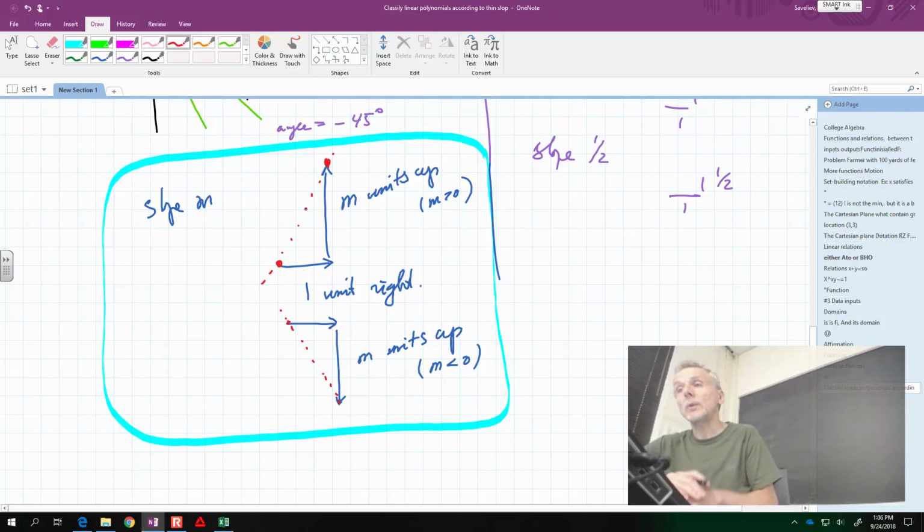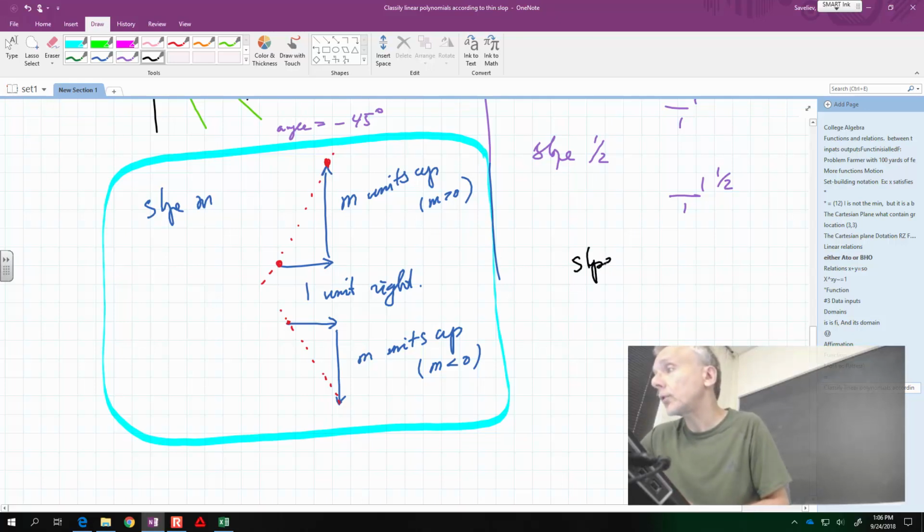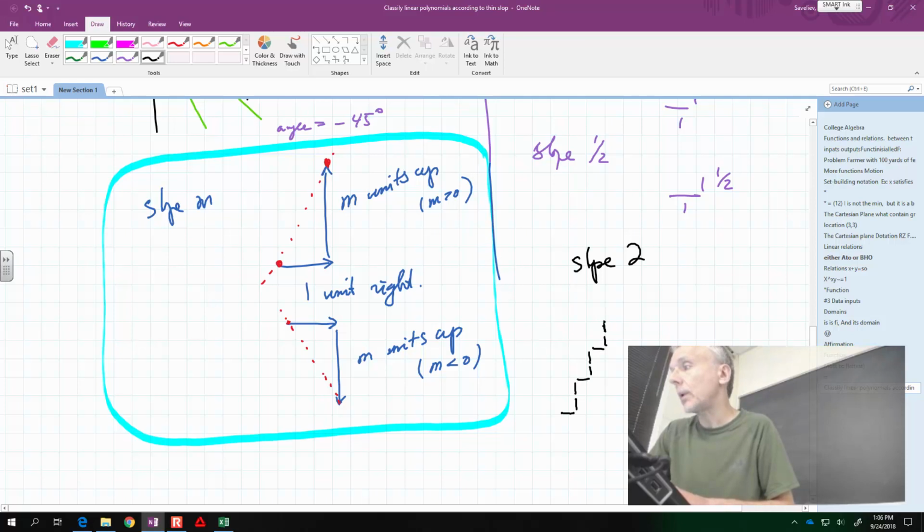So this construction can be used to construct many points on the line. Say slope 2: I can do this many times. Right 1, up 2, right 1, up 2, right 1, up 2. Every time you'll have a staircase, just a different staircase depending on the slope.